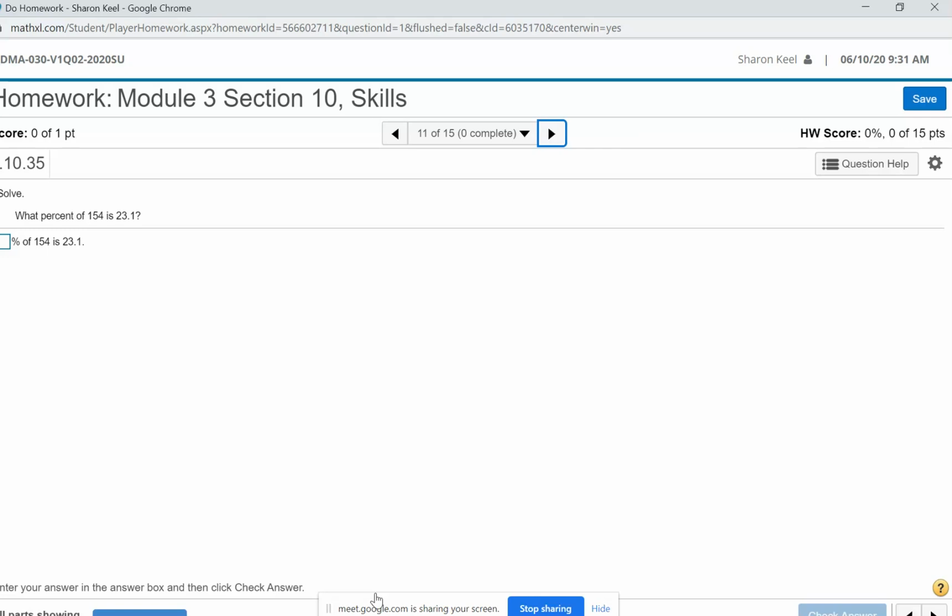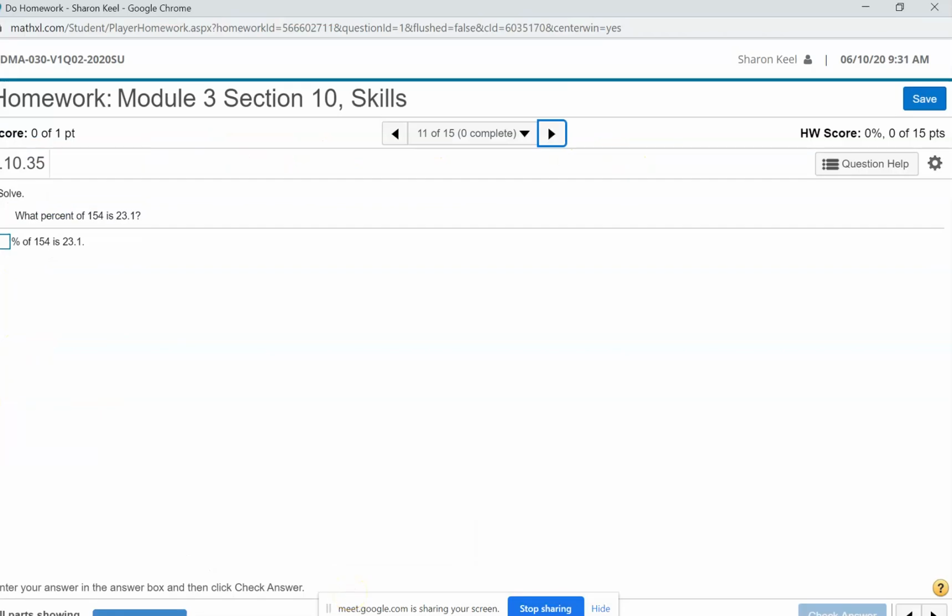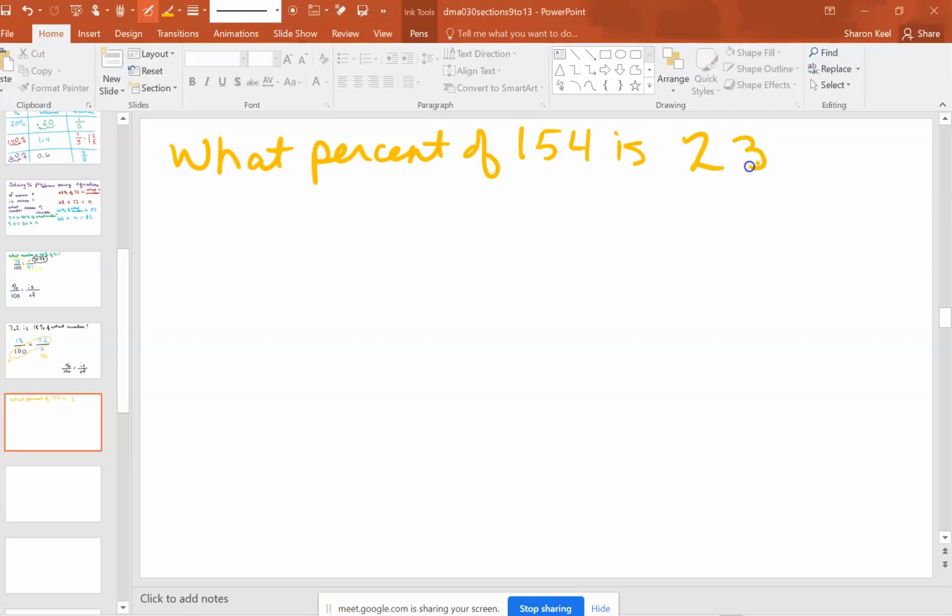Here we go. What percent of 154 is 23.1? So that's how we would initially set it up.